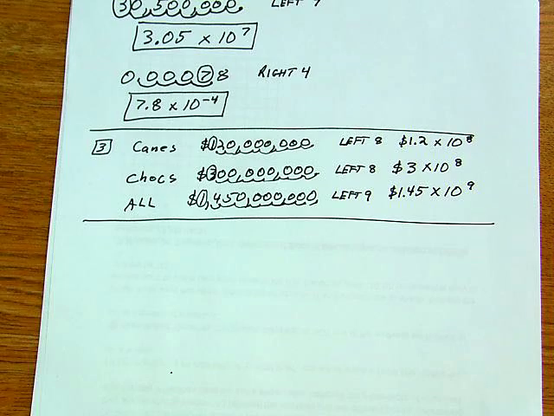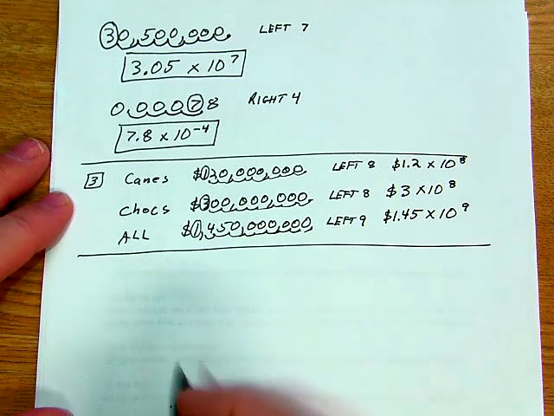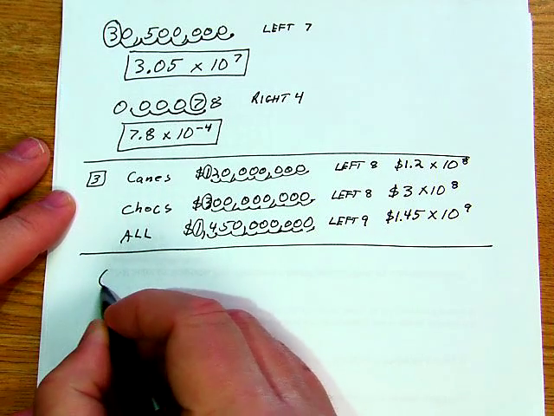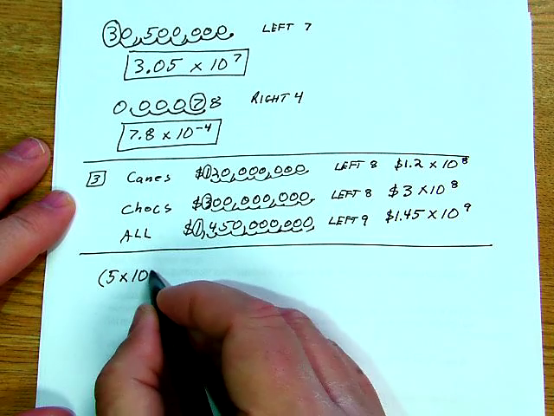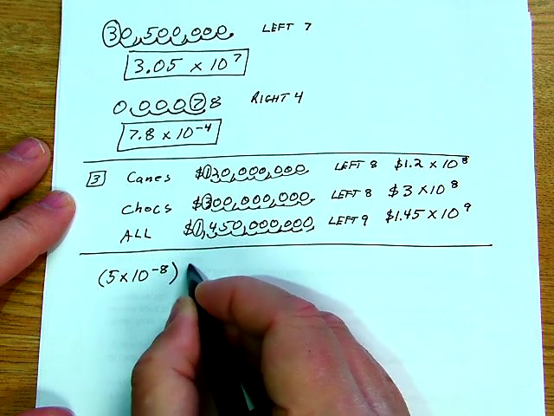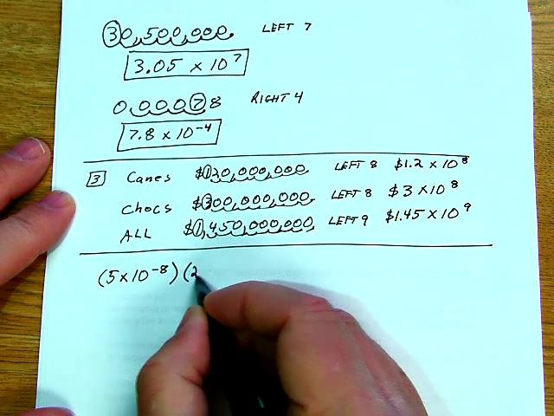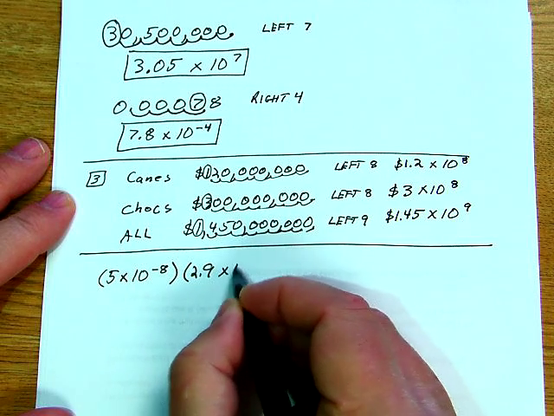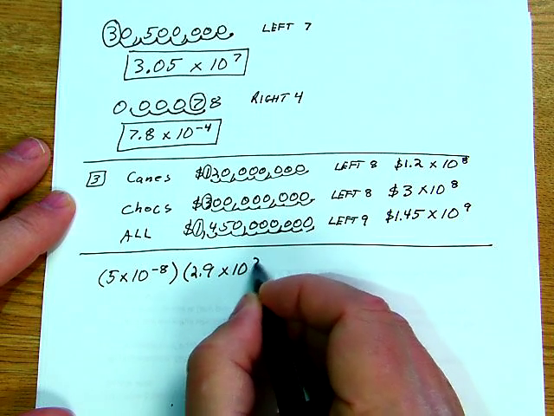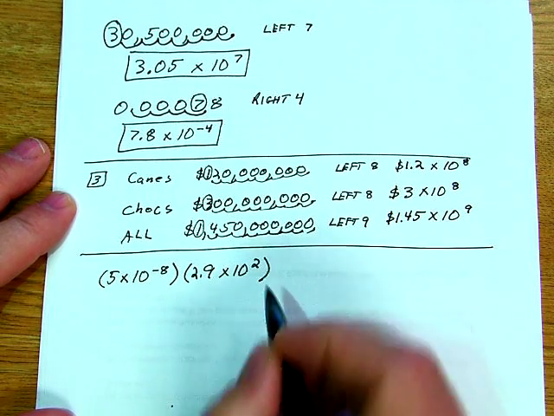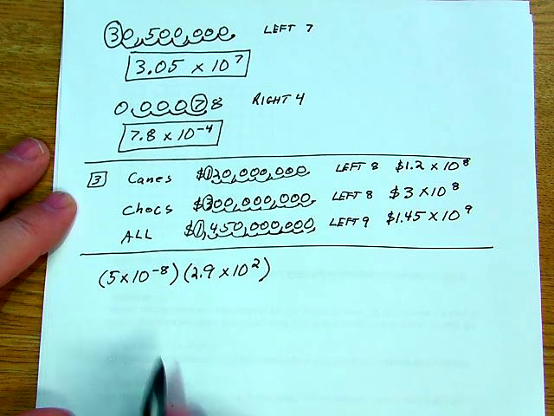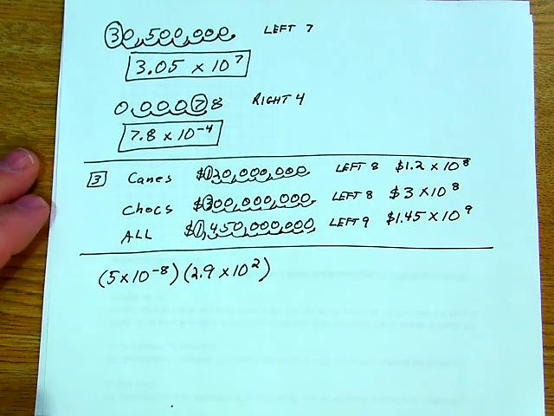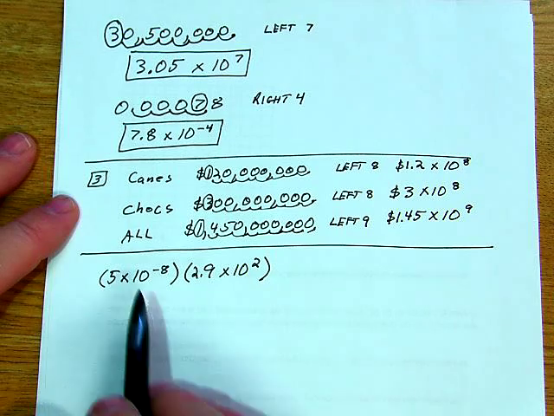Let's say I want to multiply two numbers together, and let's call the two numbers 5 times 10 to the negative 8th times 2.9 times 10 squared. Okay, so you can see I have two numbers in scientific notation format, and I want to multiply them together. Well, this is just like any other multiplication. I have four numbers.